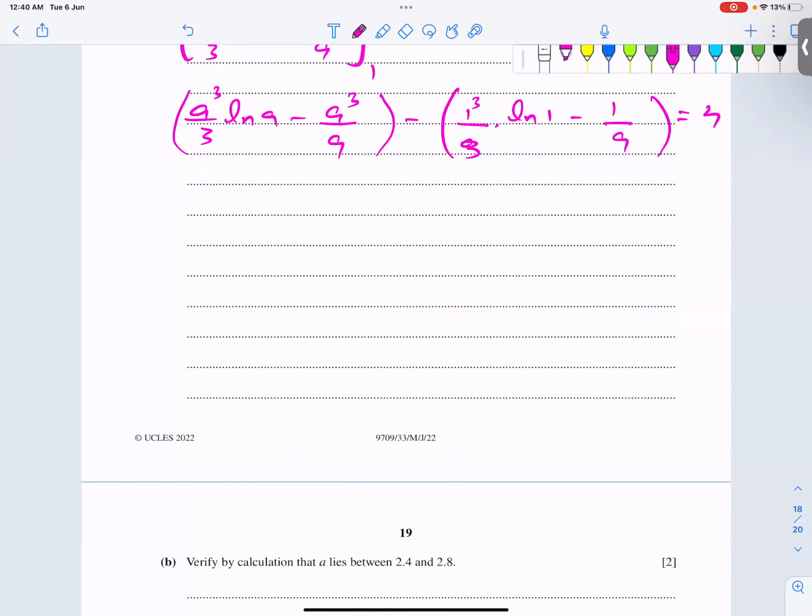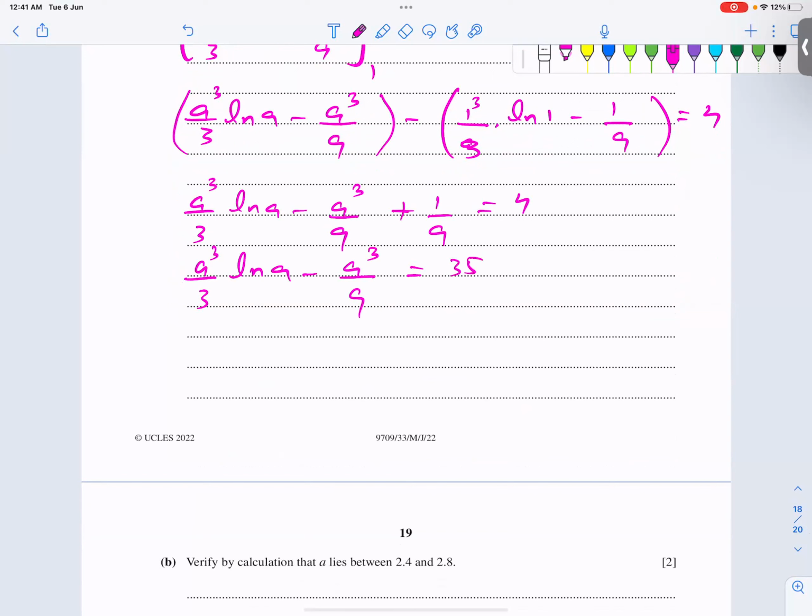So a cube over 3 ln of a minus a cube over 9 minus, ln of 1 is 0, so this will become plus 1 over 9 is equal to 4. So a cube over 3 ln of a minus a cube over 9. Bring 1 over 9 on the other side. So 4 minus 1 over 9 is 35 over 9.